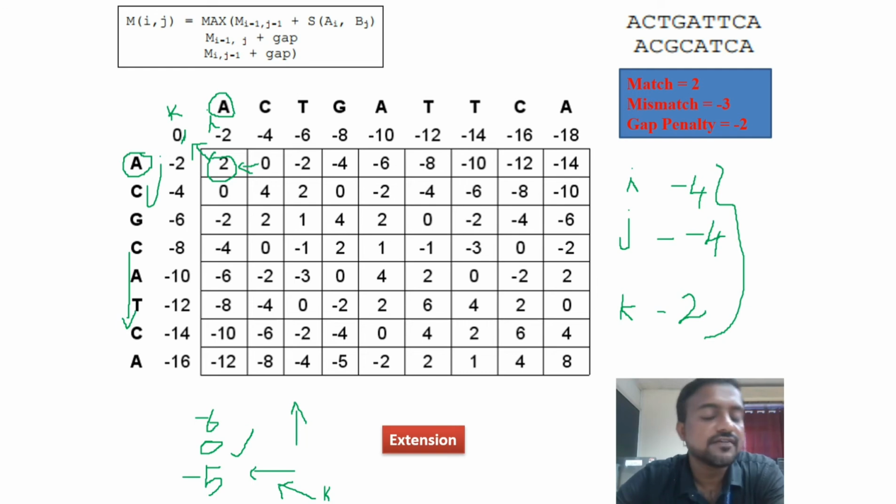If the arrow points towards the left, it means there is going to be an introduction of a gap at that specific position in sequence J. Likewise, in sequence I, if the arrow mark happens to be pointing upwards. So the process continues, and we make use of these arrow marks for the ultimate process called traceback.